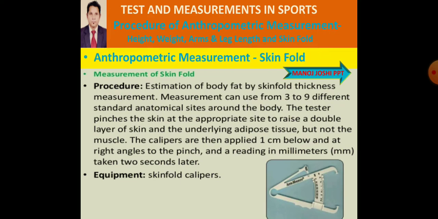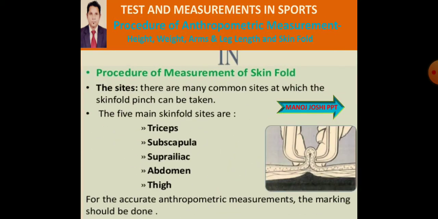Further, we can see here the sites of skin fold measurement. There are many common sites at which a skin fold pinch can be taken. The 5 main skin fold sites are triceps, subscapula, suprailiac, abdomen, and thigh. For accurate anthropometric measurement, the marking should be done.